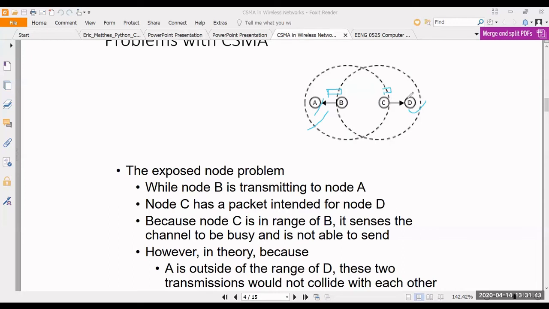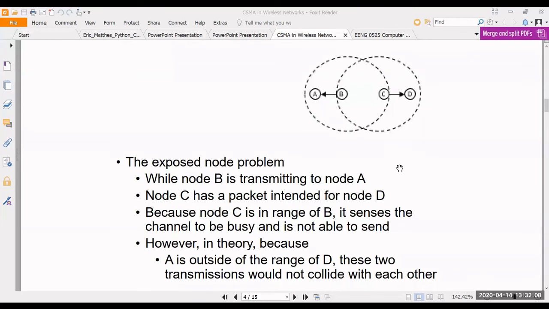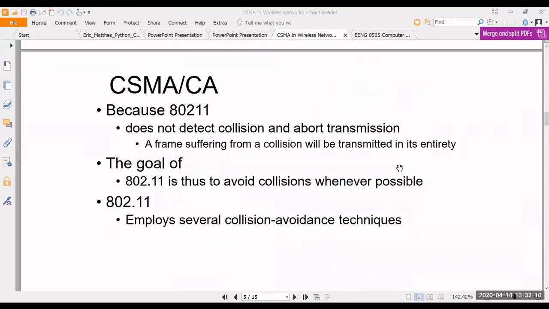But because of the exposed node problem, C doesn't transmit to D because the channel is presented to C as a busy channel. Do you get it? That is the story for the exposed node. If you have any questions, ask. It's clear, right? Okay, sure. So then we can continue. So that is the whole technique.